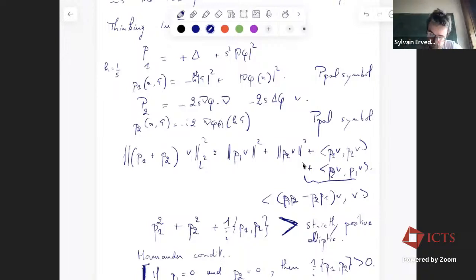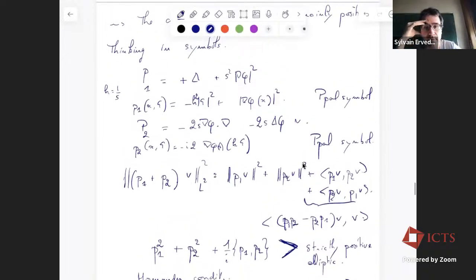So if you want to give insights on the choice of P1 and P2, probably the best way to do that is by using symbols. For instance, you have a very nice introductory article by Gilles Lebeau and Jérôme Le Rousseau.